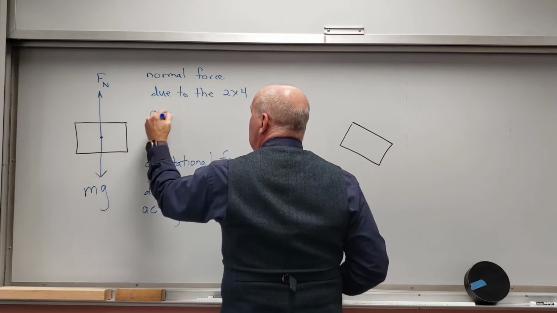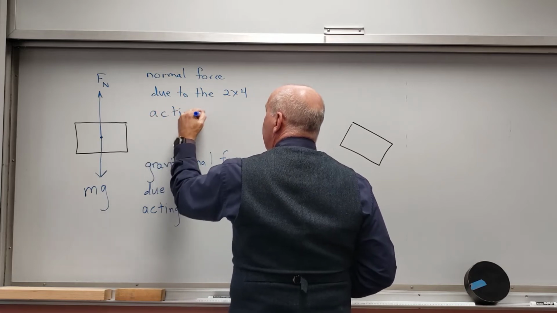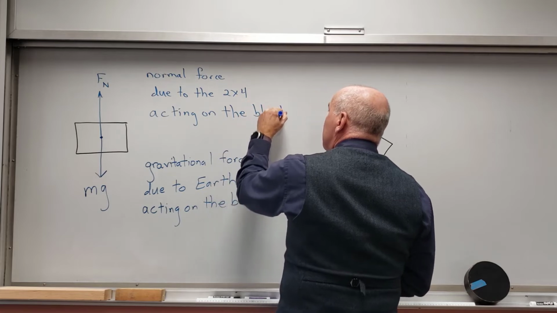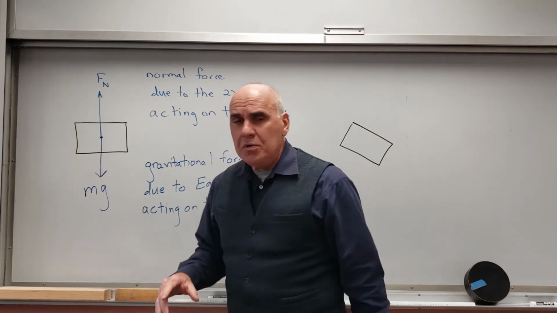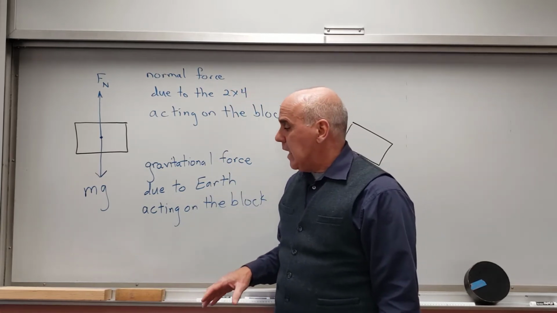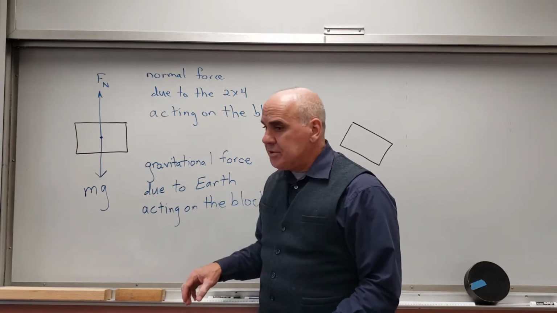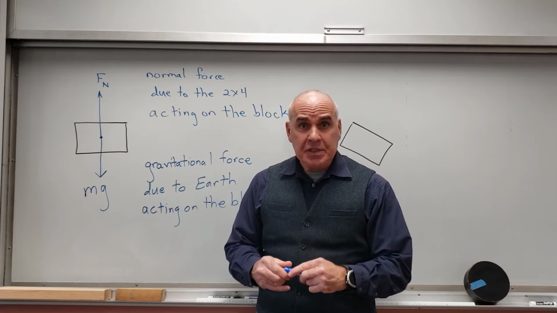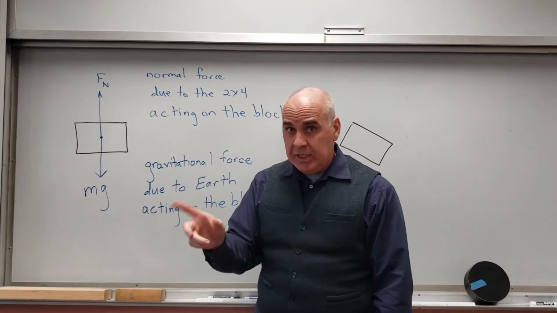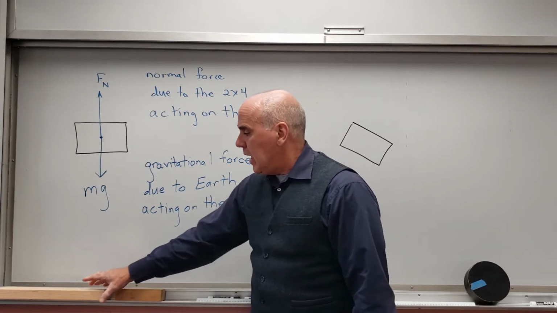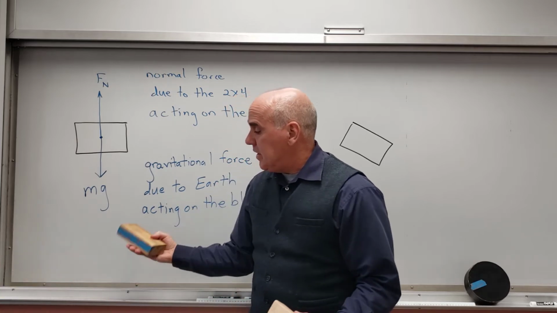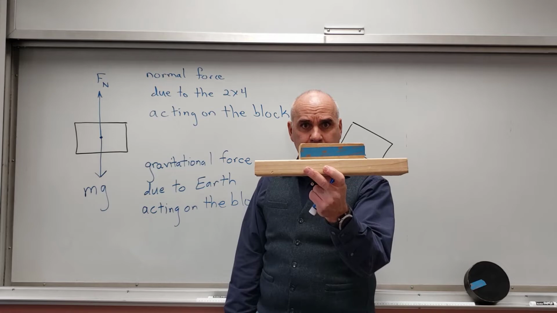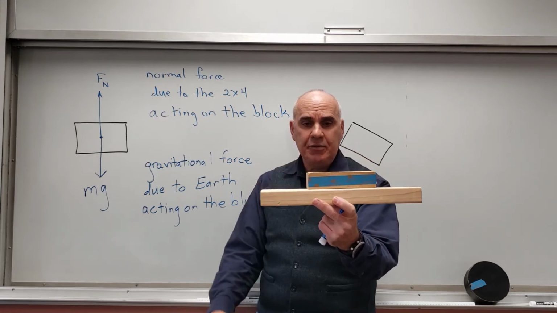And it's acting on the block. So those are the only forces acting on the block. Right? There's no frictional force in this situation. There could be, but there isn't in this situation. We'll get friction in the next one. And that's going to be the force diagram for the block on the 2x4.